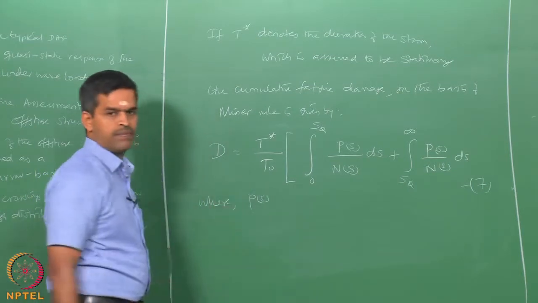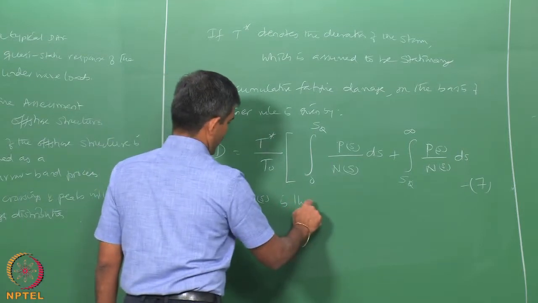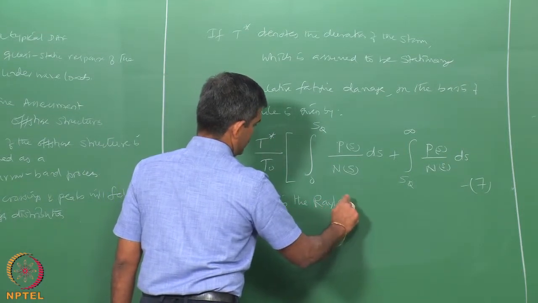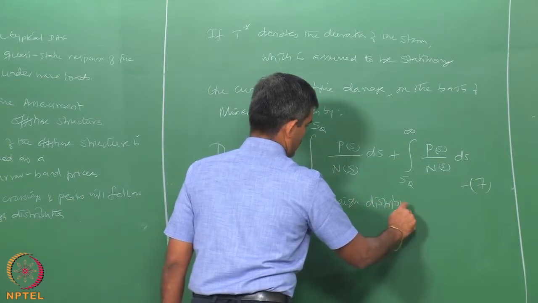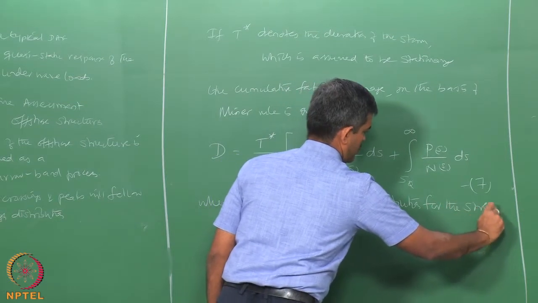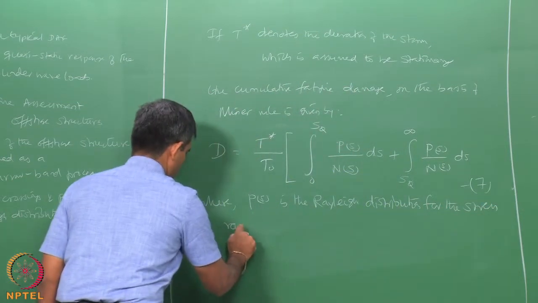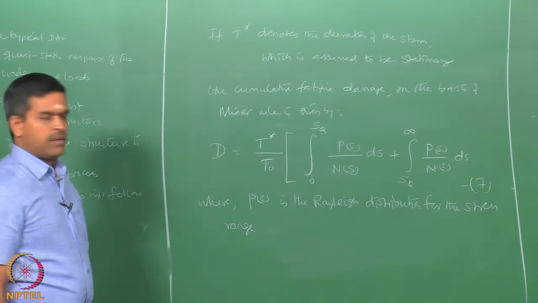where P of S is the Rayleigh distribution for the stress range in a narrowband process.